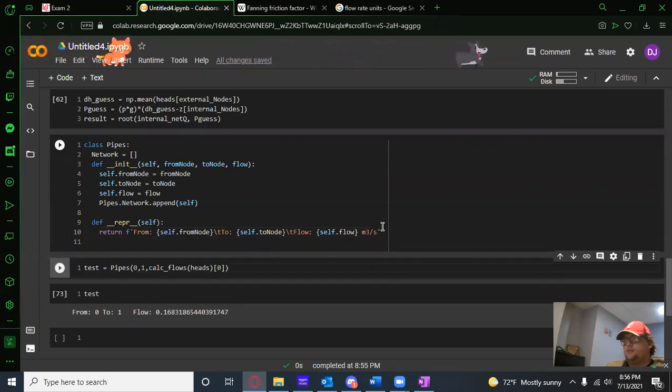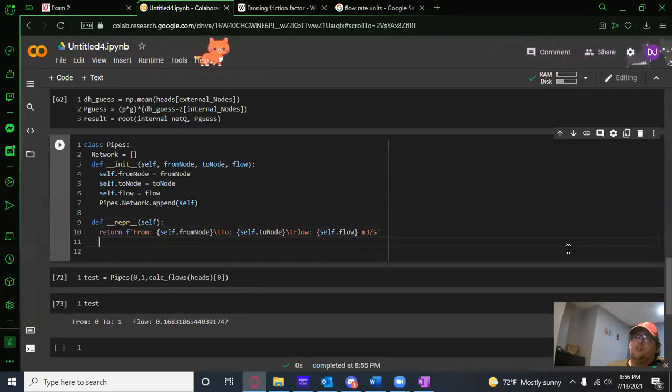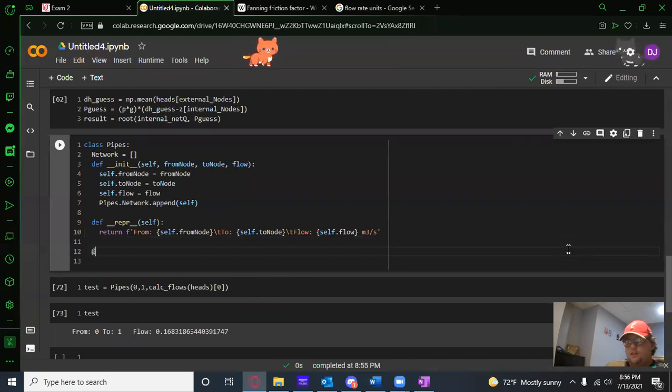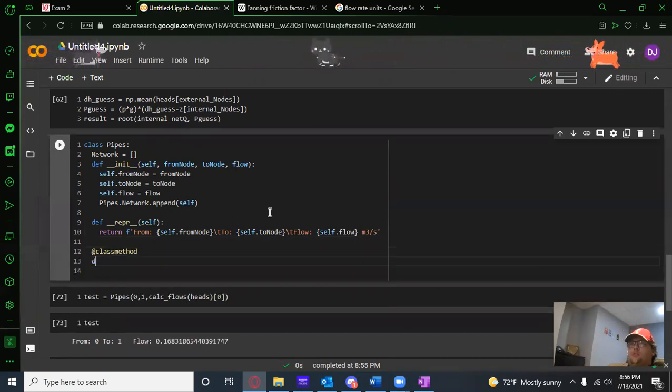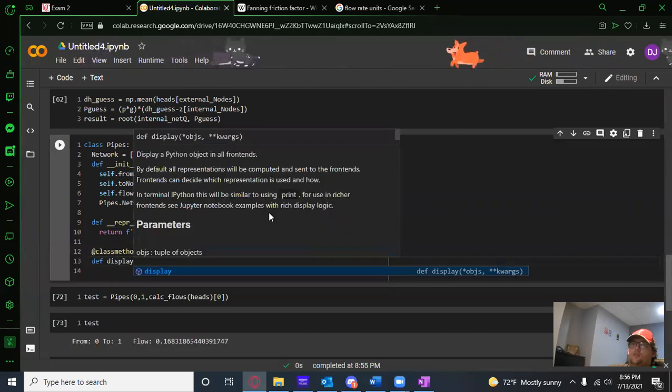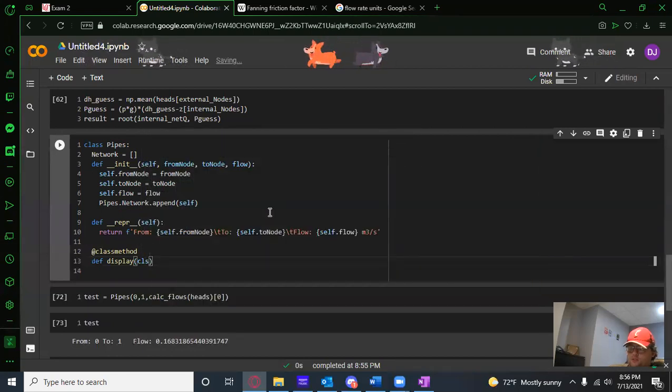But anyways, what happens now is we are going to create a class method, because I'm going to create objects which will go into our network up here. Display. CLS for class.